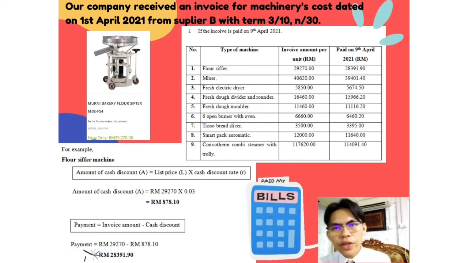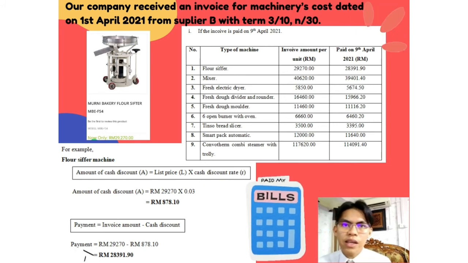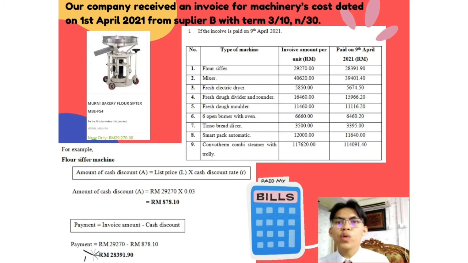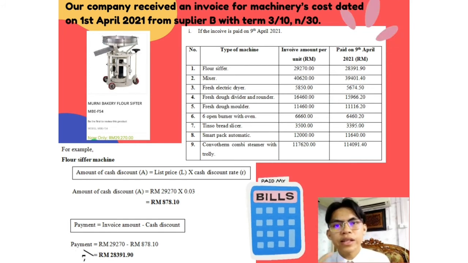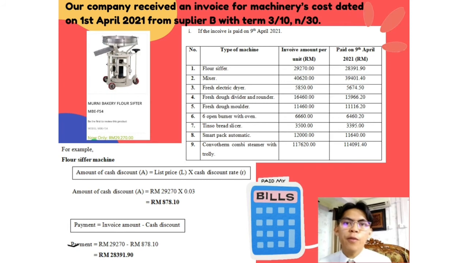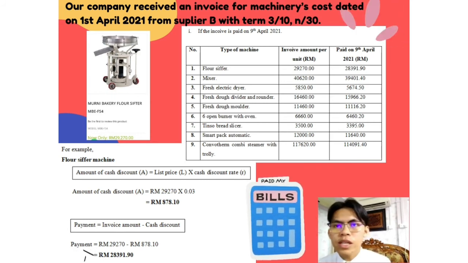After we get the answer, the invoice amount of 29,270 ringgit needs to be minus the cash discount, which is 878 ringgit and 10 cent. So supplier B needs to receive payment from our company of 28,391 ringgit and 19 cent for the flow saver machine.